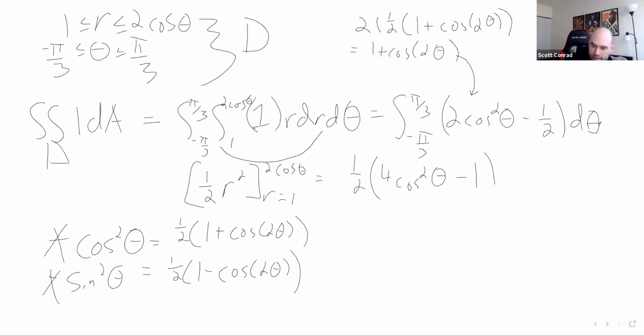The 2 and the 1/2 are canceling. And so let's rewrite our integral from negative pi over 3 to pi over 3. Then we get 1 plus cos 2 theta minus 1/2. So cos 2 theta, and then 1 minus 1/2 is 1/2.